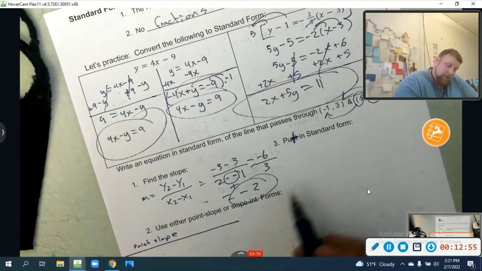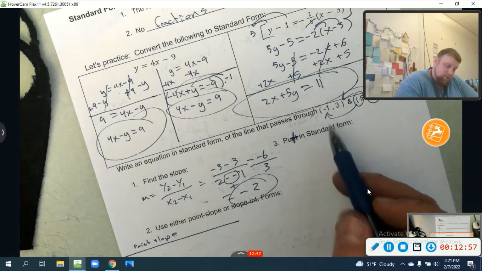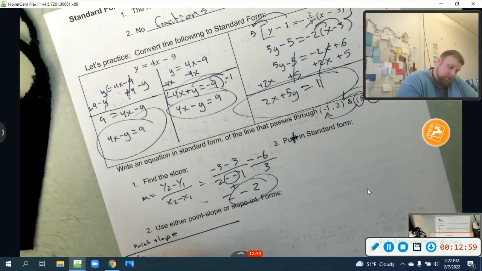I can either put it into the first point, which is negative 1, 3, and I would get what? So for negative 1, 3, I'll get y minus 3 equals our slope of negative 2 times x minus negative 1, which would be y minus 3 equals negative 2 times x plus 1.